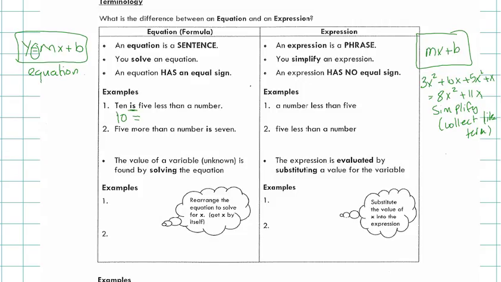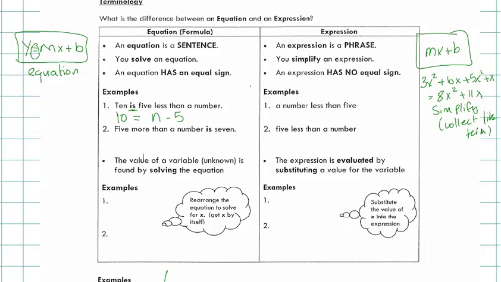So the number, you can call it whatever you want to call it, okay? Minus 5. Okay? 10 is 5 less than a number. This is when you come to include English in math, and it becomes ugly. Okay?